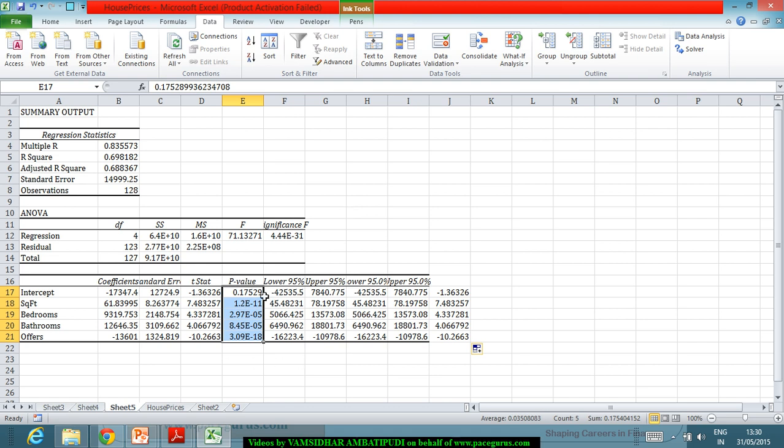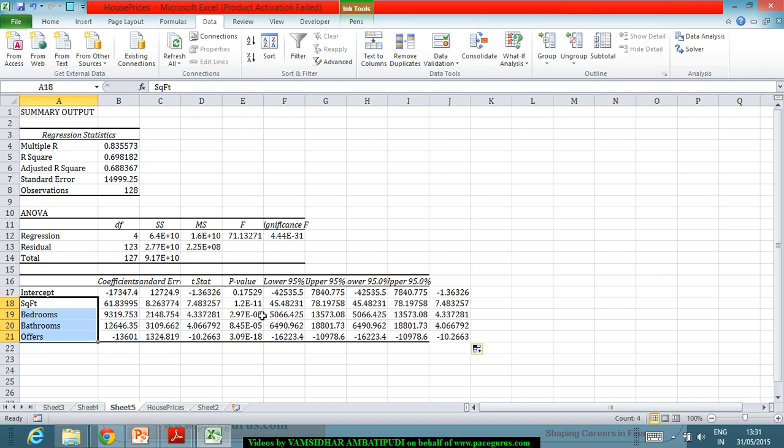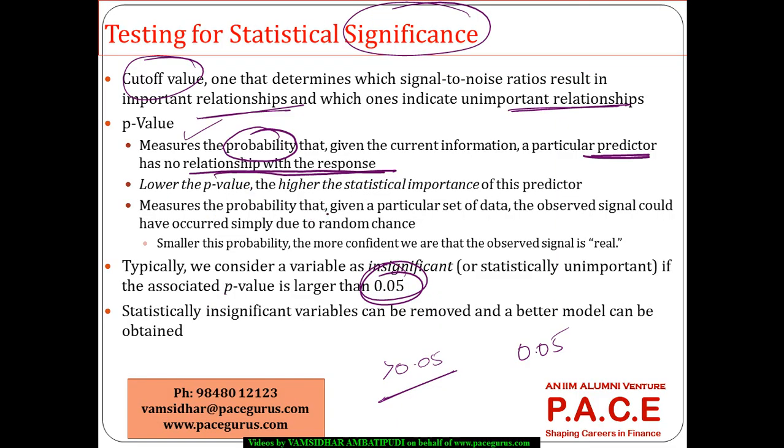Generally we look at 0.05. If the p-value is less than 0.05, I'll say that each of the variables is significant, contributing to the price, but for any p-value greater than 0.05, I'll directly conclude that that particular variable is insignificant and does not contribute to the price, right?